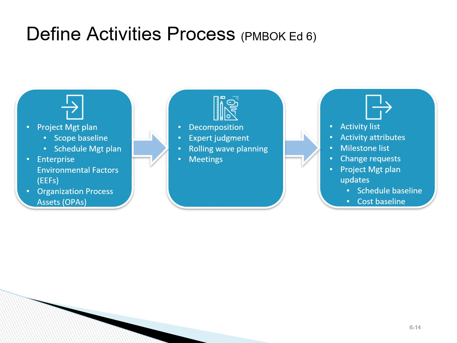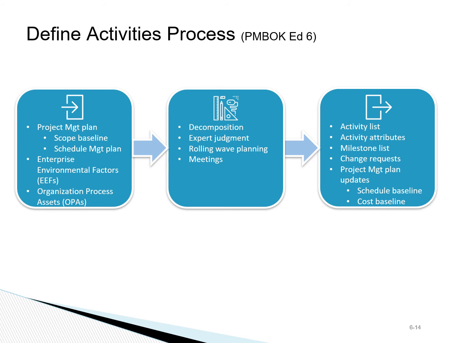So it's extremely important to make sure that a project WBS, the list of activities and their attributes, are as complete and as accurate as possible. The process itself includes decomposition that we already discussed.